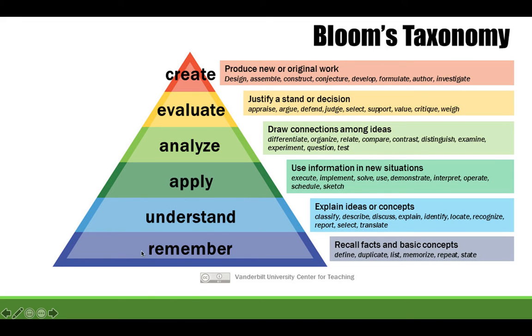The most basic level is at the bottom of the pyramid, remember, and then it goes all the way up to create. So the idea is that this is the simplest area to do things related to learning, and it gets more complex as you go up. So you have to remember before you understand, before you apply, and so on. And the very peak of demonstrating your incredible understanding and mastery of a topic is producing a new or original work.